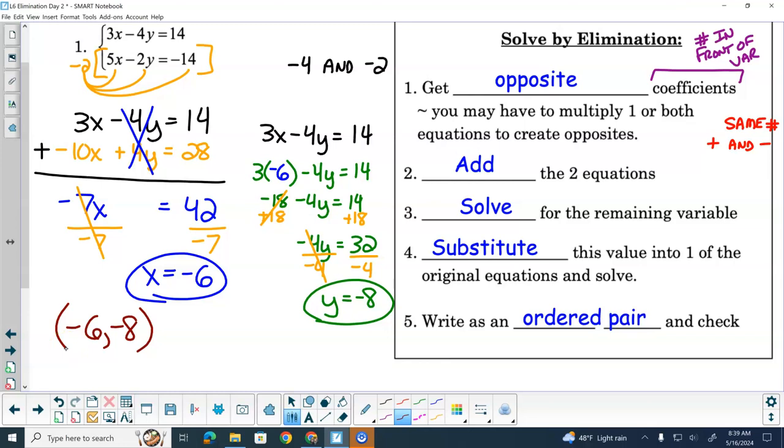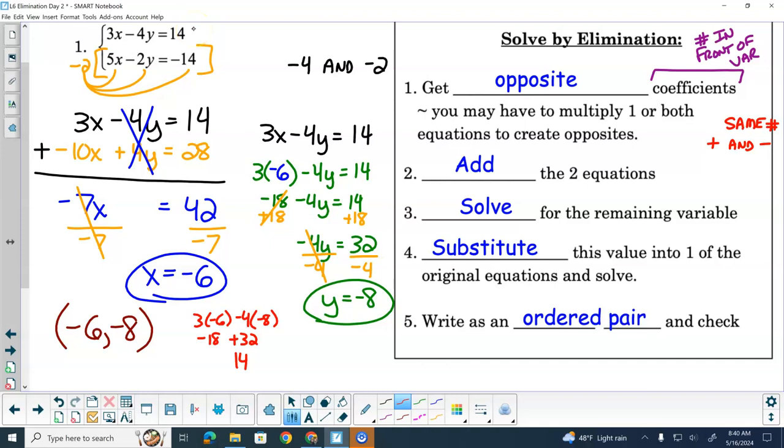Yeah, okay. So 3 times negative 6 is negative 18. Minus 4 times negative 8, that's going to be positive 32. Negative 18 plus 32 is 14, and 14 is equal to 14.